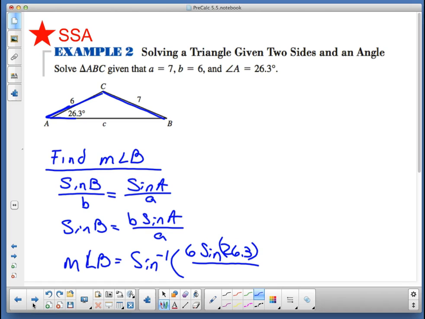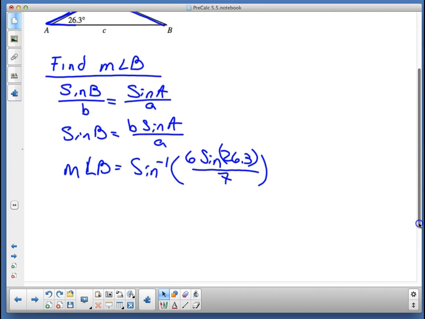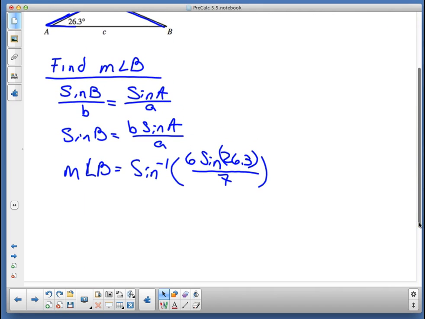Excuse me, I lied. 7. And I'll pop that in my calculator so I can do this. But be careful, practice this a couple times. Pay attention to your parentheses as you do this. Okay. So my measure of angle B in my calculator should shoot out 22.320 after I round. So check yours, make sure you're comfortable with it. Okay.